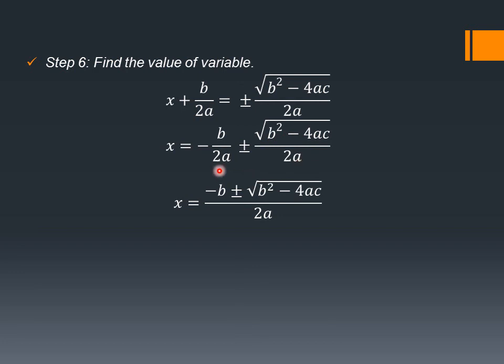Again, as there are two fractions having plus minus signs with them, we have to take the LCM of them. The denominators are same, so we will write it once. As the denominators are same, the numerator will also remain the same, so minus b will remain the same, plus minus under root b square minus 4ac. So this is the general form or the quadratic formula we have to derive.